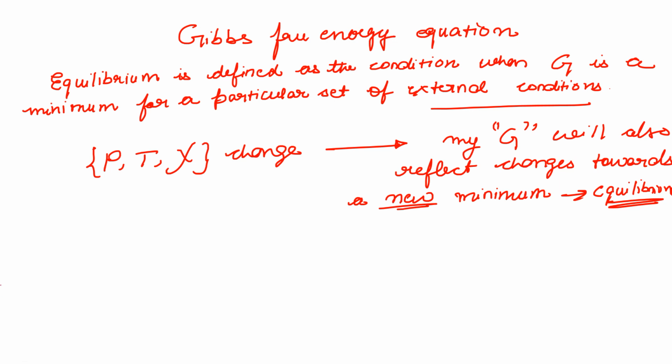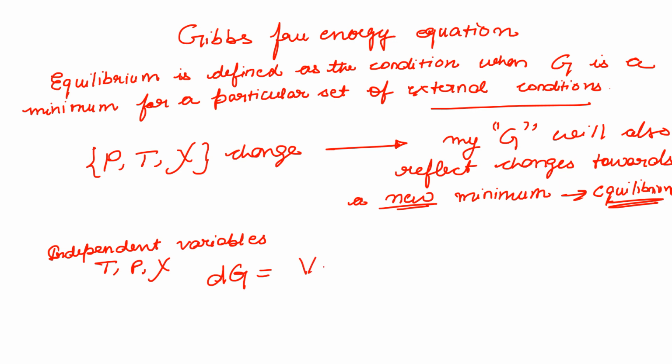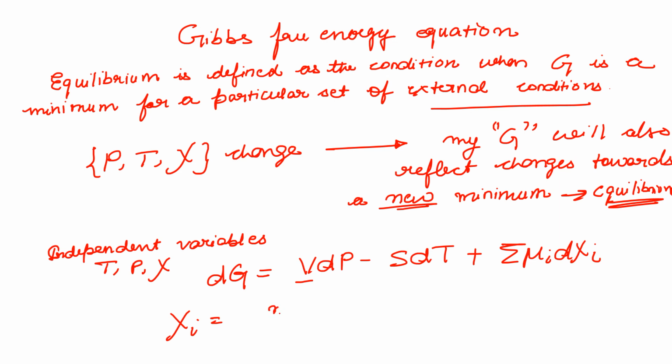As an equation in mathematical form, the Gibbs free energy is a function of independent variables, in this case temperature, pressure, and composition, and can be represented in differential form as dG = V dP - S dT + Σ μ_i dx_i, where V is the volume, P is the pressure, S is the entropy of the system, T is temperature, μ_i is the chemical potential of phase i, and x_i is the mole fraction of phase i.